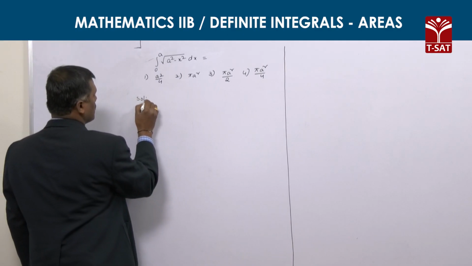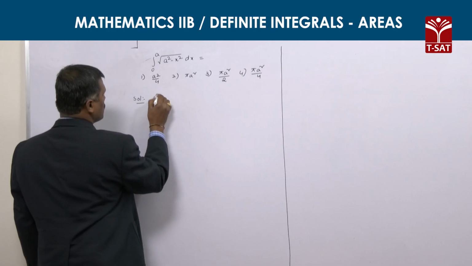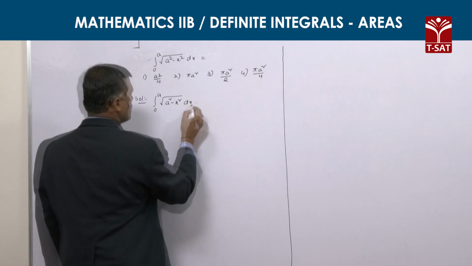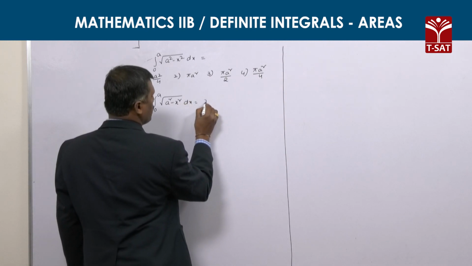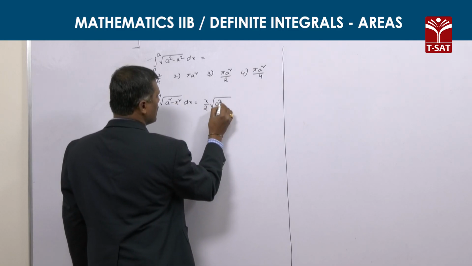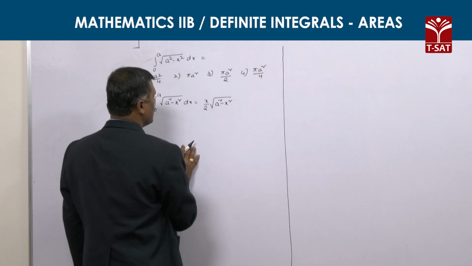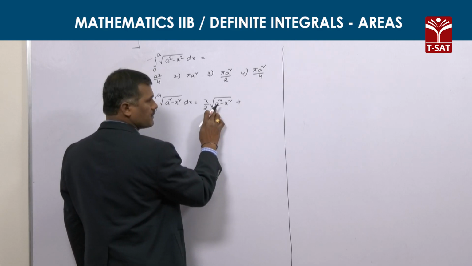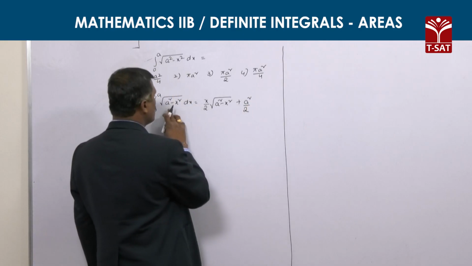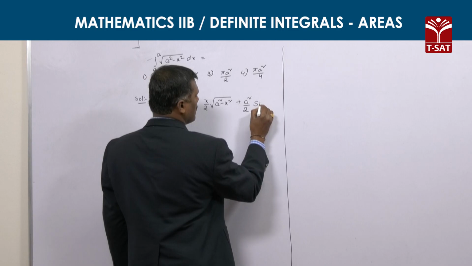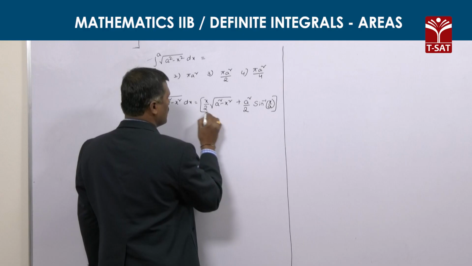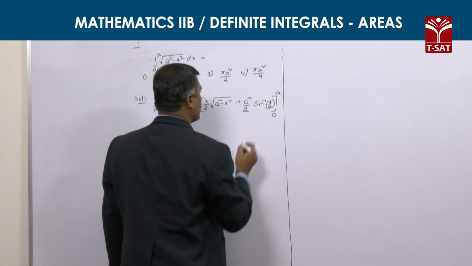Solution: the integral from 0 to a of root over a square minus x square into dx. The formula for root over a square minus x square is x by 2 into the same function root over a square minus x square, plus, here a square has a positive sign, a square by 2 into sin inverse of x by a, with lower limit 0 and upper limit a.